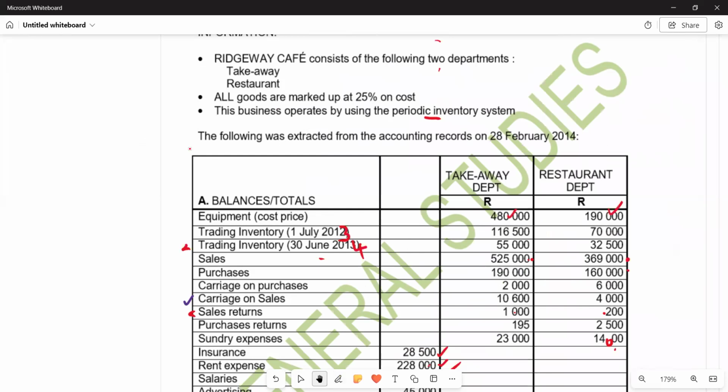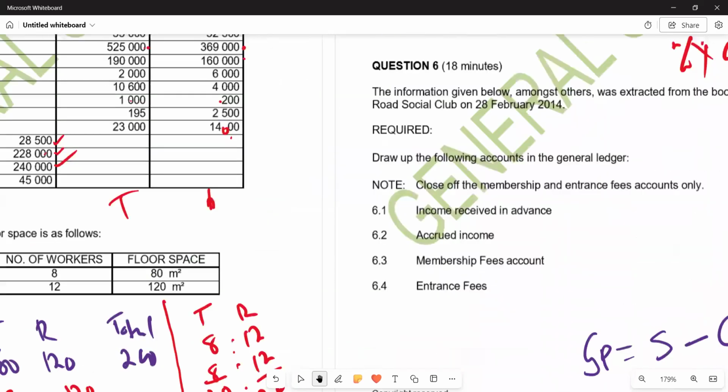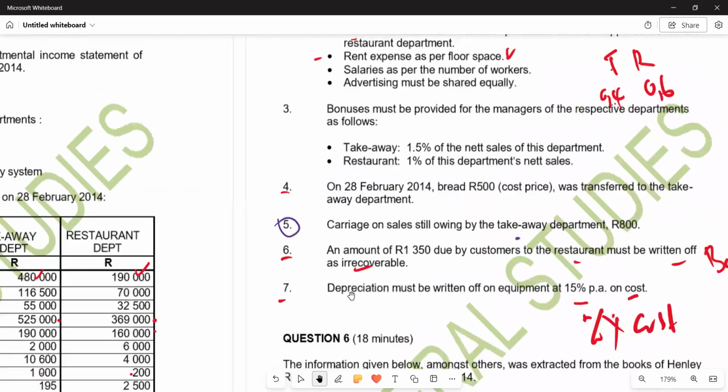So for the first one, we are saying 480,000, we multiply by the percentage given, and then for the restaurant, we are multiplying 190,000. And we do that, we recheck the percentage, the percentage is 15% stated here. So we can go to the question and calculate it as such.